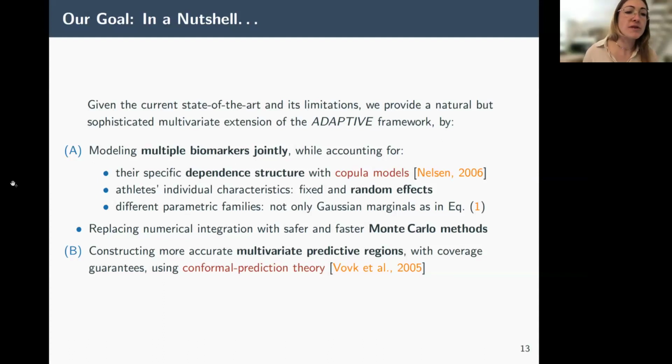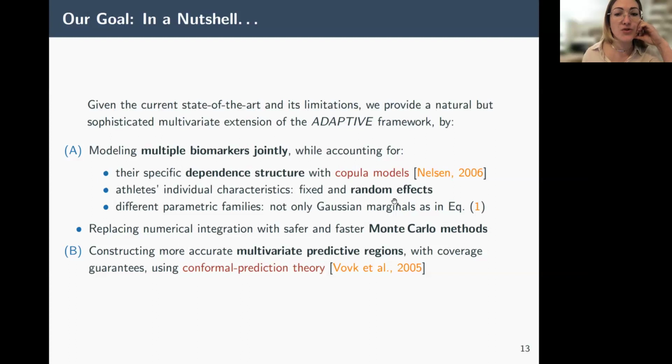By doing what? First, by accounting for multiple biomarkers jointly, which means we also want to model the dependency structure, and we do this with copula models. Then we also want to factor in individual characteristics with more emphasis.